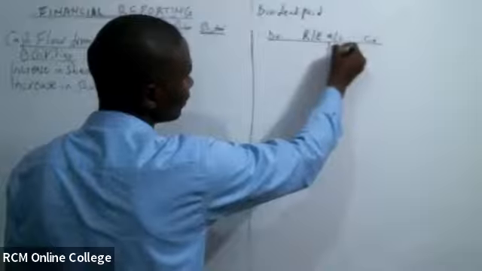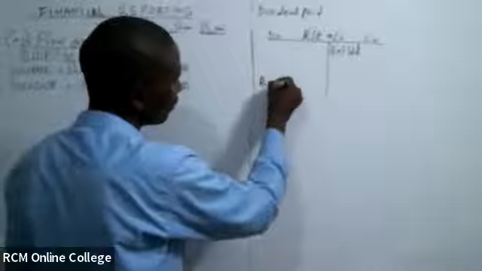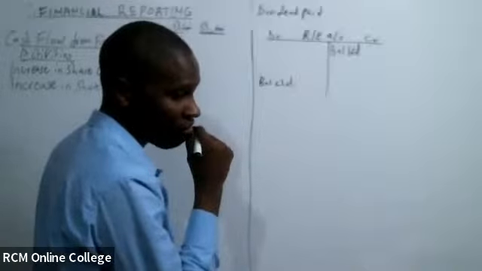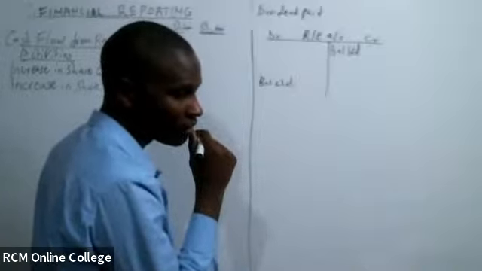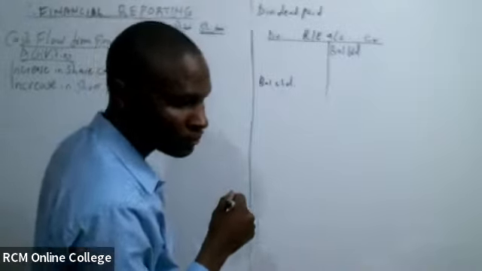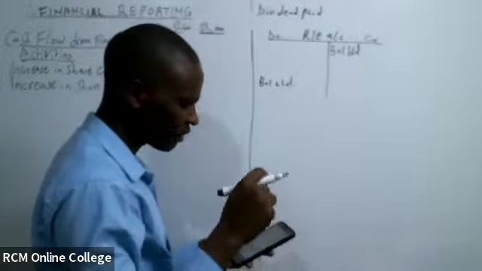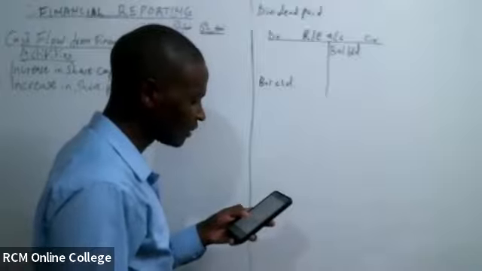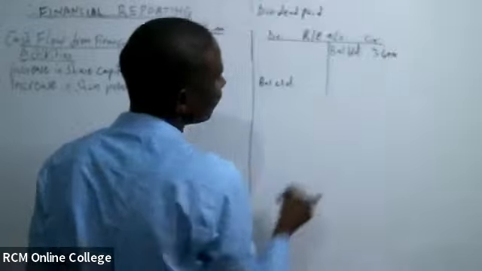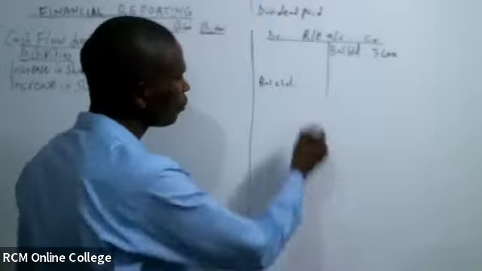So the balance brought down is credited, and the balance carried down is debited. In the previous year, what is the balance for retained earning? It is 3,600. The balance carried down is the current year, which is 5,200.